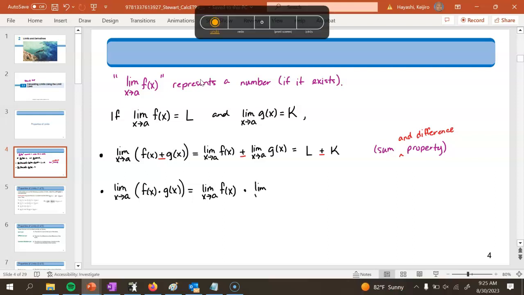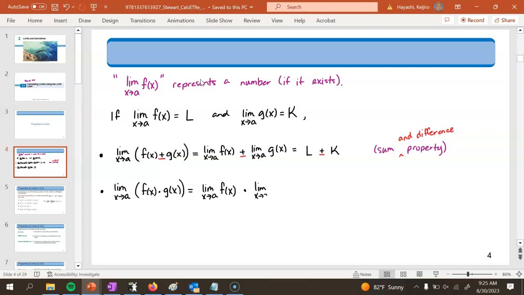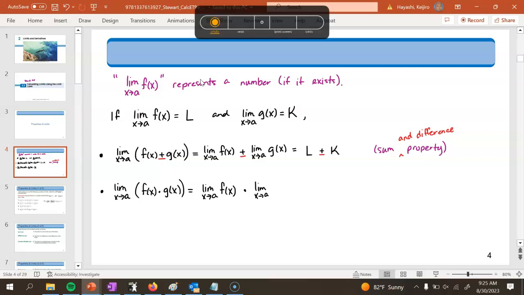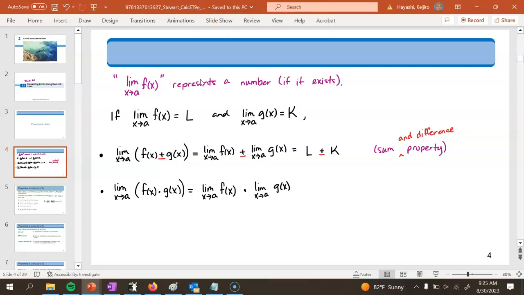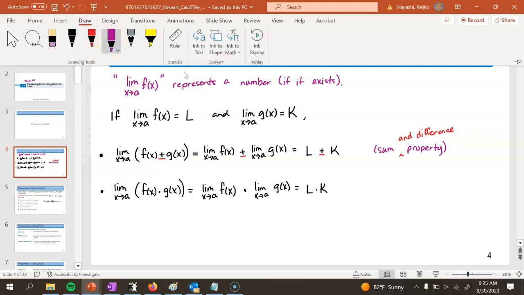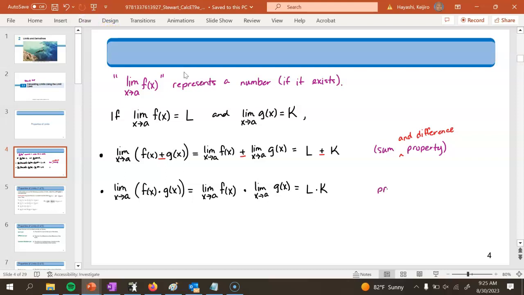The limit as x approaches a of f of x times g of x, which just equals L times k. And as you might expect, this is called the product property.